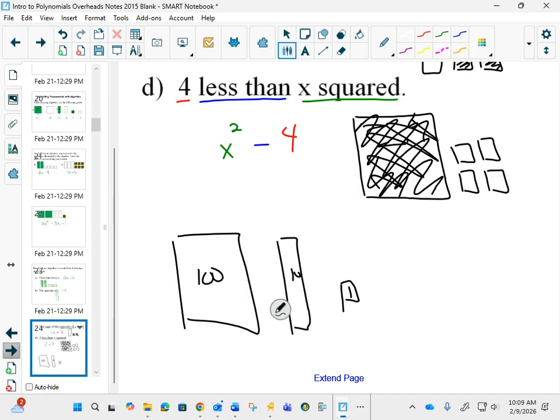So if you did that in middle school, all we're doing now is we're saying the same kind of ideas, but instead of 100 tile, you don't know how big it is. It could be a 25, it could be a 6, it could be an 8x8, it could be a 7x7. We don't know. So we have an x by x. But a lot of the math that you did with the 100, the 10, and the 1 tiles is very similar to this with the x squareds and the 1 tiles.